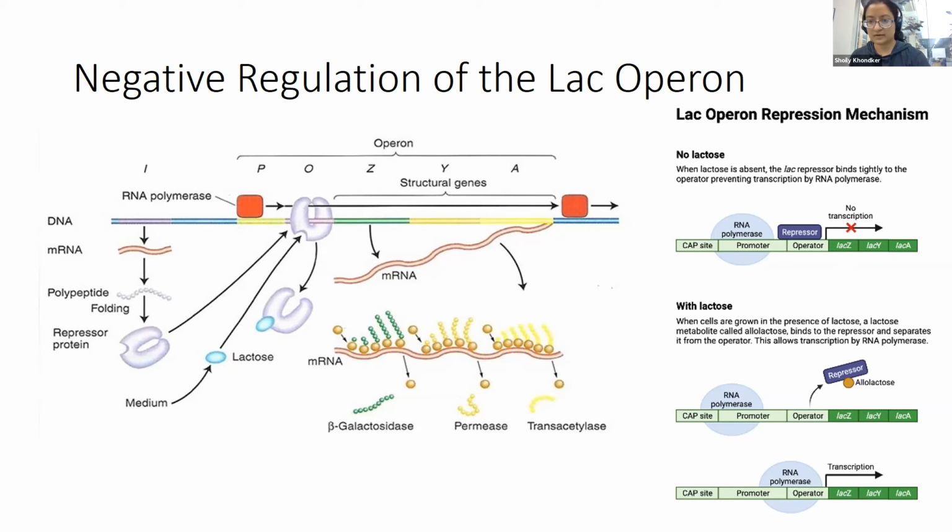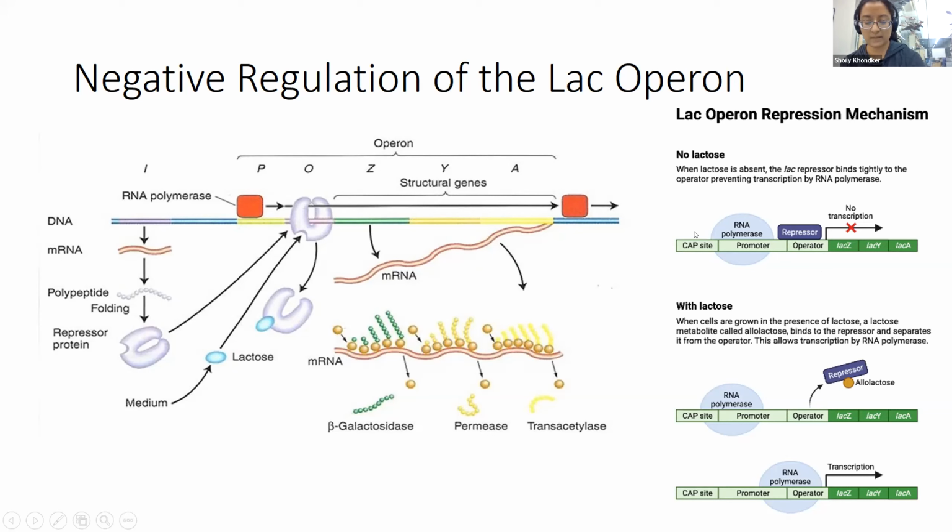Okay, so I'm going to go into the repression mechanism first, and then the activating mechanism. You can see here that the LAC-I region codes for the LAC repressor, which binds to the operator region, and this binding occurs only when lactose is absent.